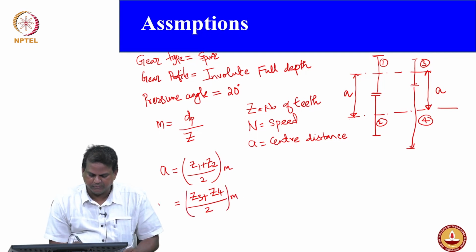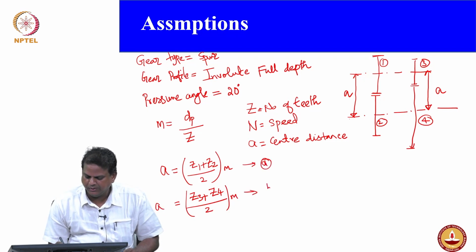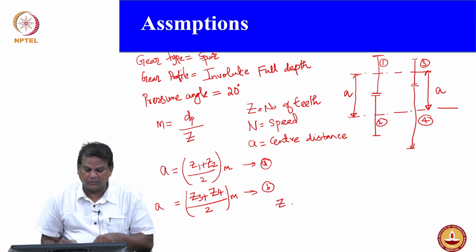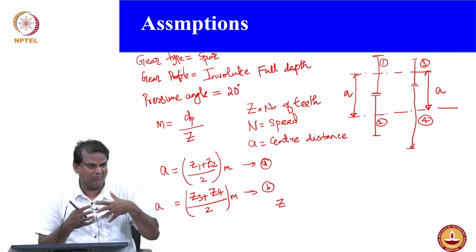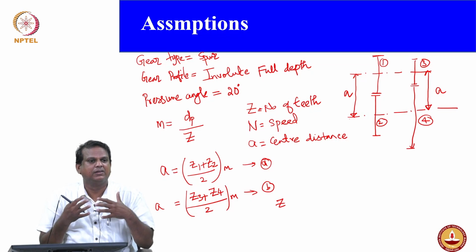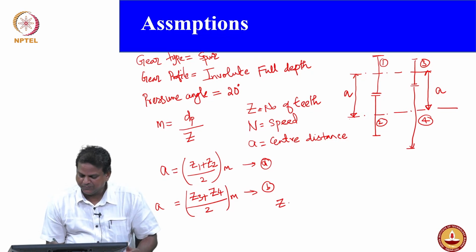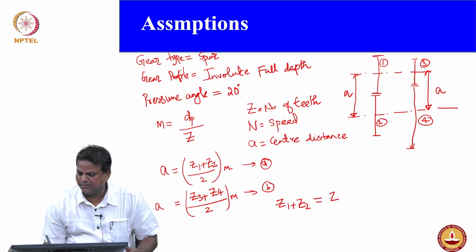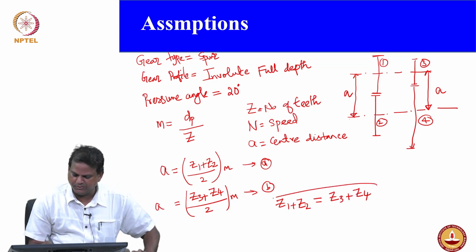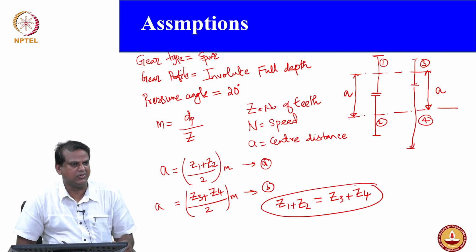If you equate both center distances, we can clearly say that, since the module is the same (whenever two gears are meshing, they must have the same module), Z1 plus Z2 must be equal to Z3 plus Z4. This is the center distance condition that we are going to use in our calculations.